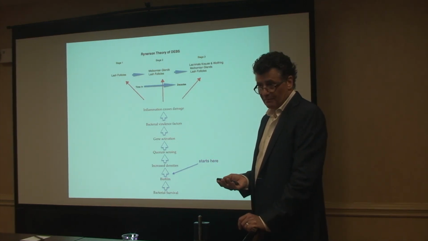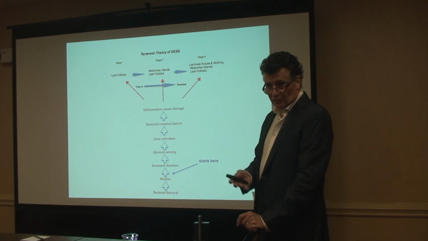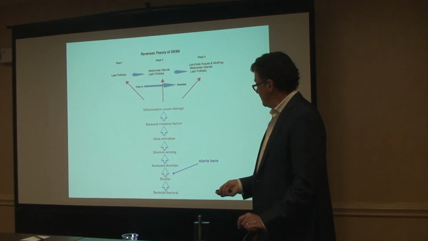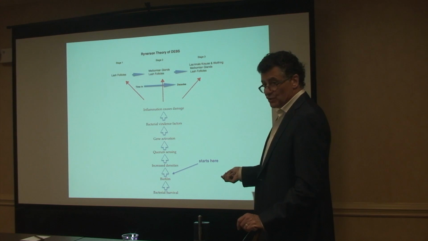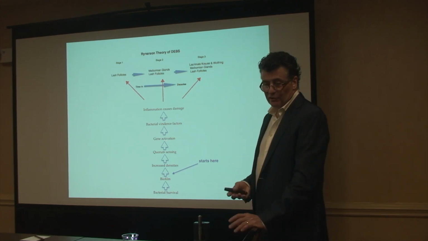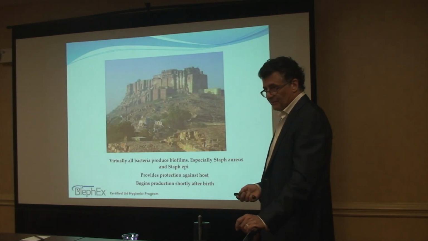How did they do that? Tremendous survival strategies and techniques, and the main one is they build a biofilm. The biofilm lets their densities go up. The increased densities turn on quorum sensing gene activation, and that produces virulence factors, and the virulence factors cause inflammation. So this is how we're going to get to inflammation. Virulence factors.